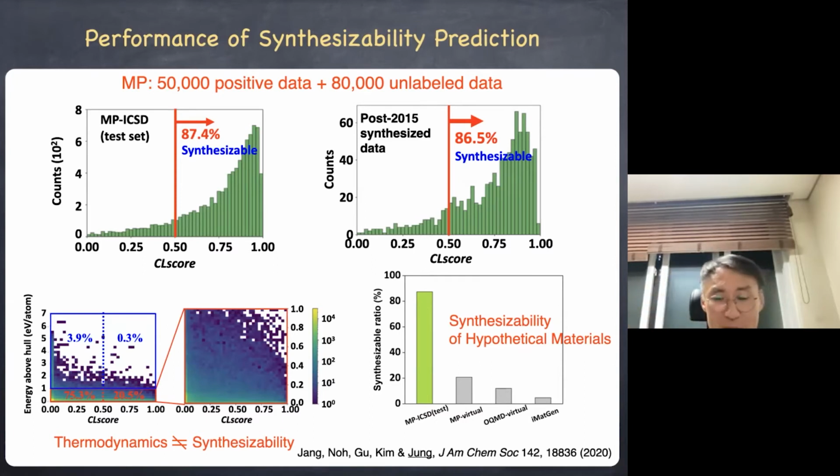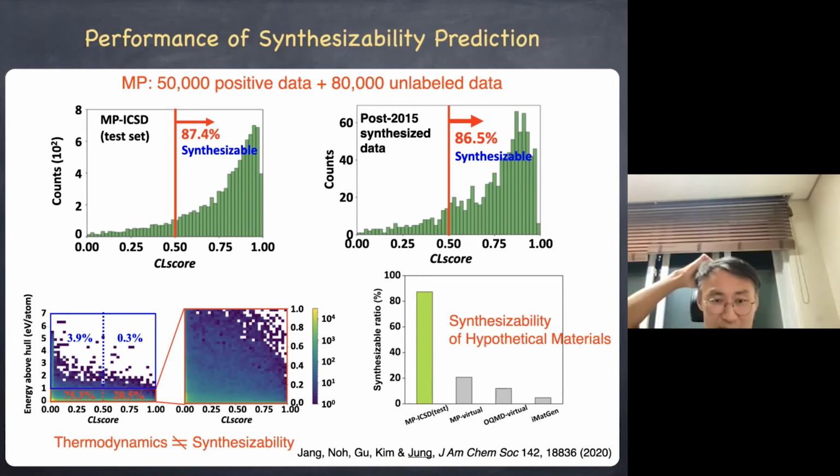And one thing that we found interesting was this figure. It compares the synthesizability score on the x-axis, 1 being highly synthesizable, 0 being highly unsynthesizable, and the y-axis is the thermodynamic stability. And we find that synthesizability and thermodynamics are not correlated.